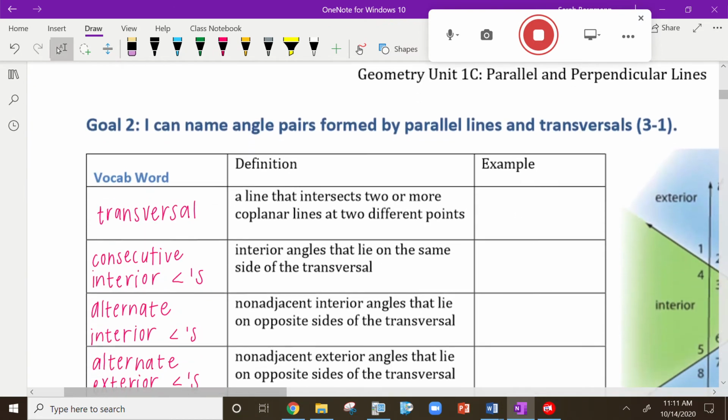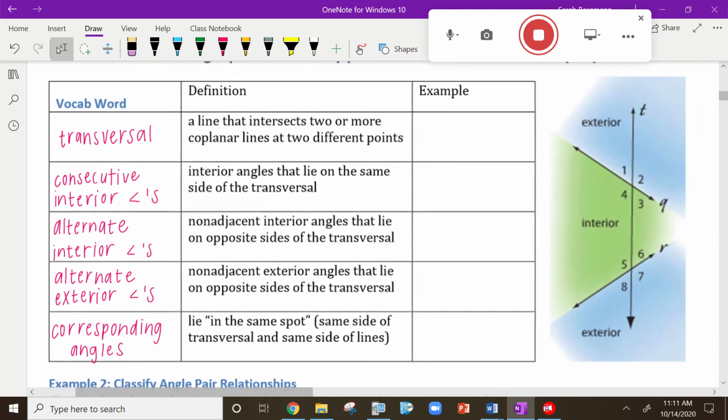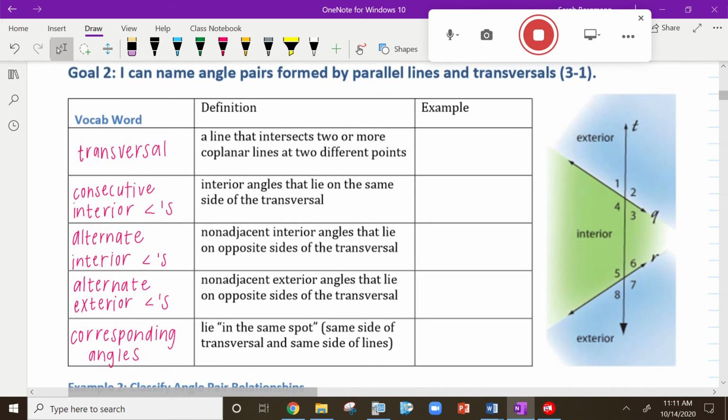Next, let's talk about some more vocab, all about angles and parallel lines. These are all angle pairs formed by parallel lines and transversals. So the word transversal means a line that intersects two or more coplanar lines at two different points.